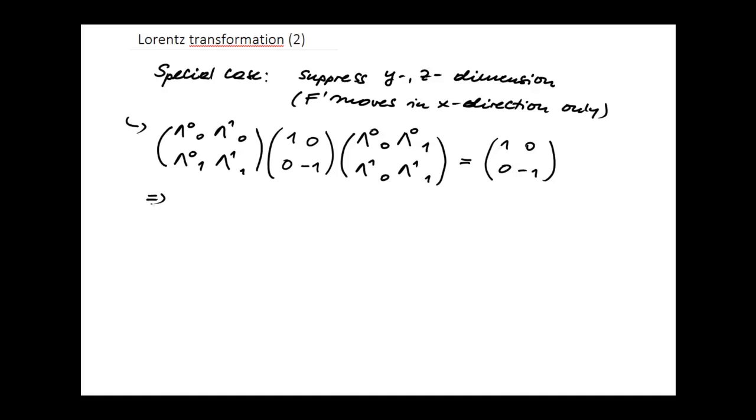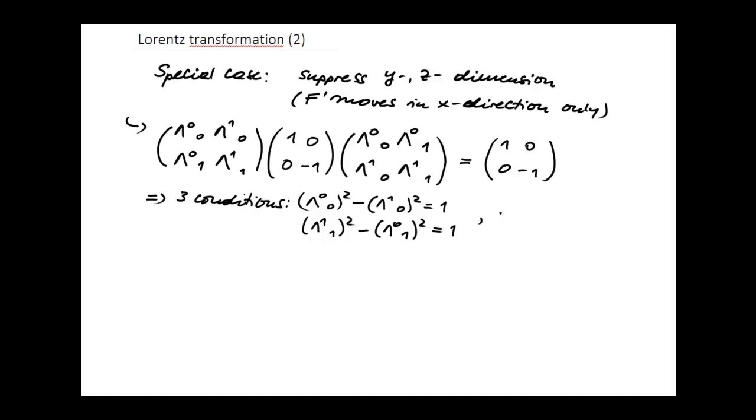When you do the matrix multiplication, this gives three separate conditions, namely lambda 0,0 squared minus lambda 1,0 squared is equal to 1. Lambda 1,1 squared minus lambda 0,1 squared is equal to 1. And lambda 0,0 lambda 0,1 equals lambda 1,1 lambda 1,0.